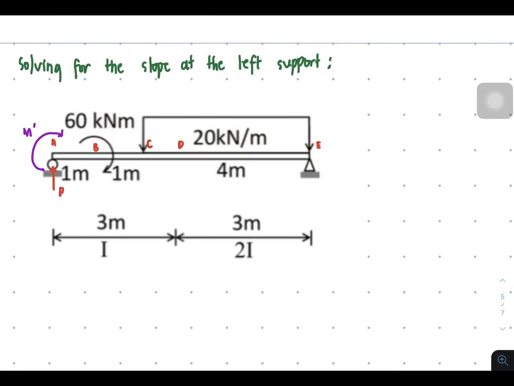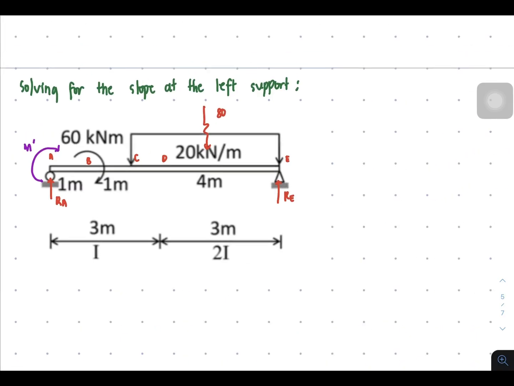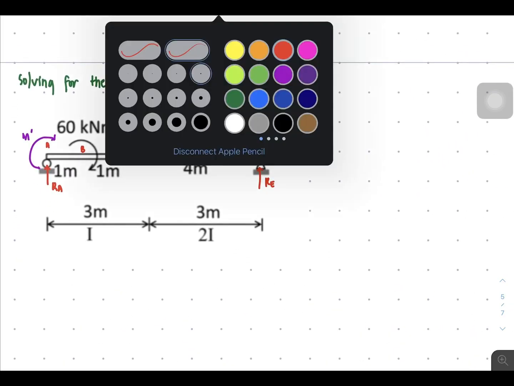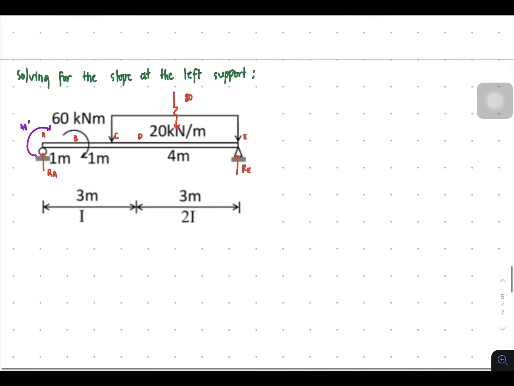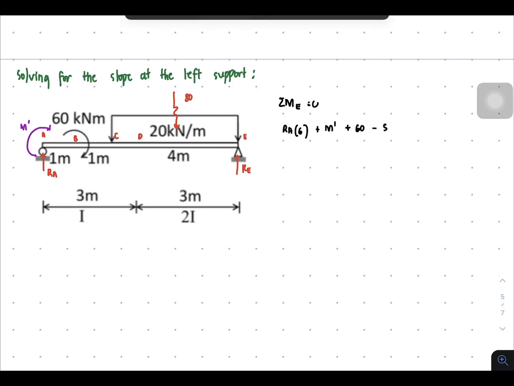And in this case, we will be solving for the reaction of our RA and reaction for our RE together with this 80 kilonewton resultant. So by that, we will be getting the summation of moment about point E equal to 0. You'll have RA times 6 plus M prime, and then plus 60, and then minus 80 times 2 equal to 0.